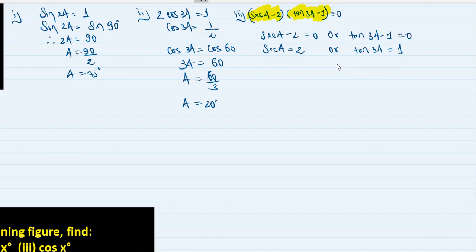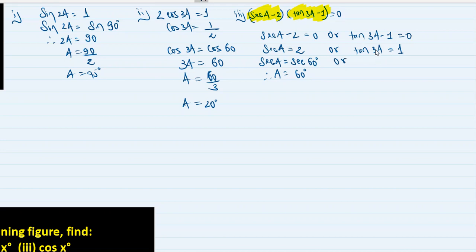Now sec A is 2 when 1 upon cos A is 2. Sec A means 1 upon cos A, and 1 upon cos A is 2 means cos A is 1 by 2. So A must be 60 degrees. So sec of 60 is 2, so sec A is equal to sec 60 and therefore A is equal to 60 degrees.